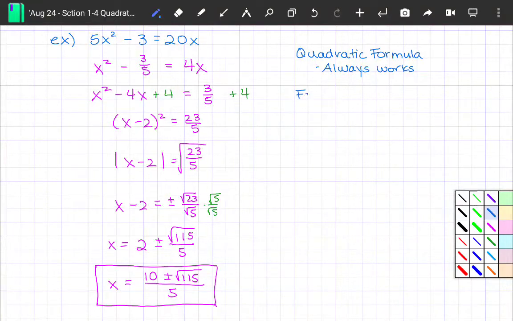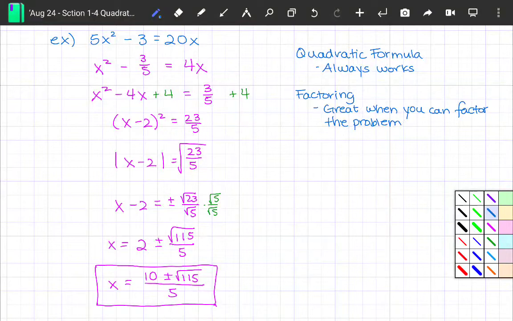But we know that factoring is really easy as long as the problem can be factored. So factoring, it's great when you can factor the problem. But if you can't factor it, you obviously can't use solving by factoring.